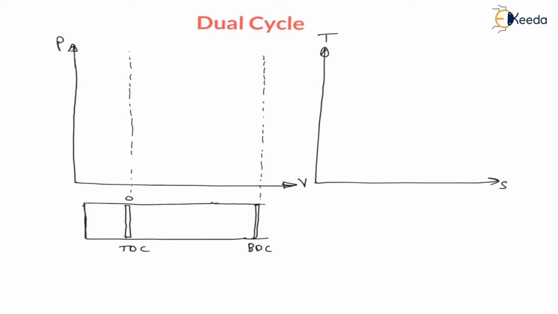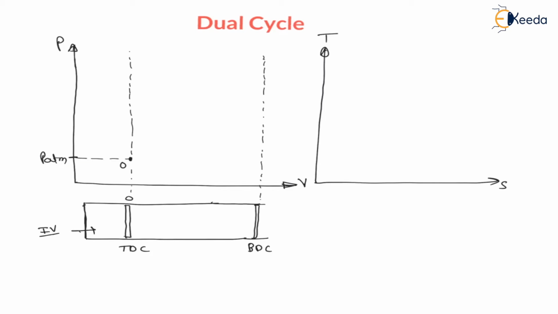Now whenever the piston is at TDC, that is the 0 position, the condition inside the cylinder is atmospheric condition. Therefore at the 0 location, pressure is atmospheric pressure, P atmospheric, right? And when the piston starts moving from top dead center to bottom dead center, the inlet valve is opened. So just open the inlet valve.